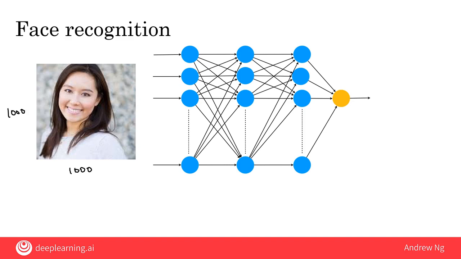So if it were a black and white or a grayscale image, this neural network would take as input 1,000,000 numbers corresponding to the brightness of all 1,000,000 pixels in this image. Or if it was a color image, it would take as input 3,000,000 numbers corresponding to the red, green, and blue values of each of these 1,000,000 pixels in this image.